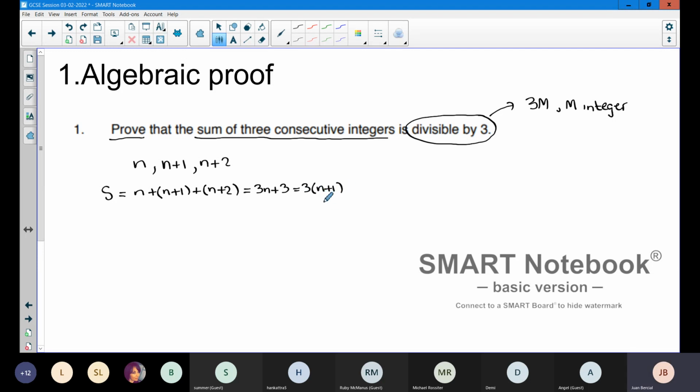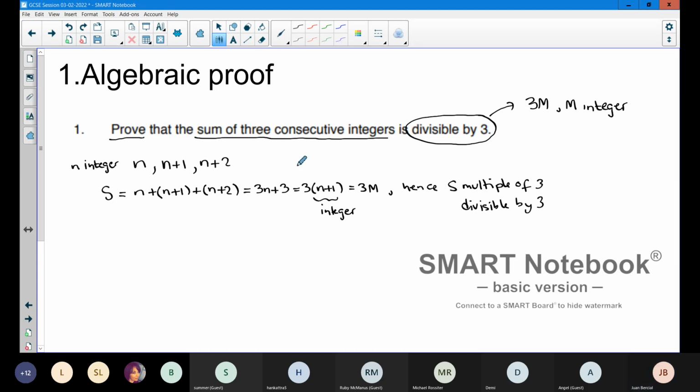The most important part of this proof is that because n is an integer, a whole number, that means n plus 1 is also an integer. So that means we can write that as 3m. Hence S is a multiple of 3, or is divisible by 3. You can say both things, multiple of 3 or divisible by 3.